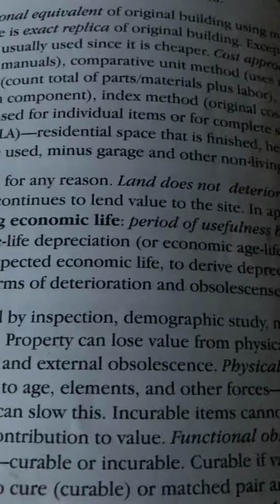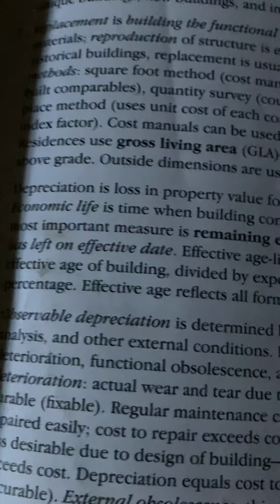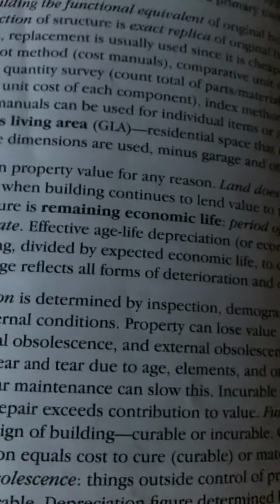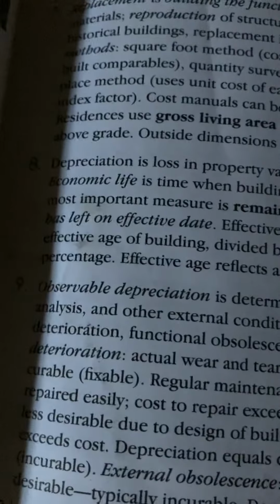Effective age life depreciation, or economic age life, is effective age of building divided by expected economic life to derive depreciation percentage. Effective age reflects all forms of deterioration and obsolescence.